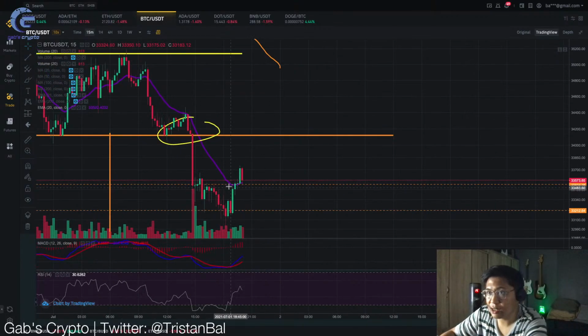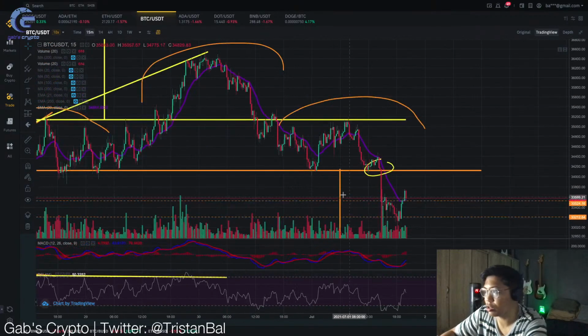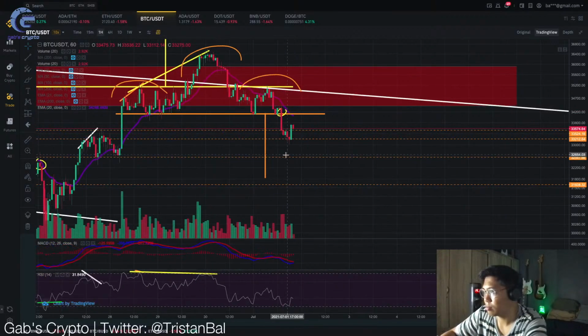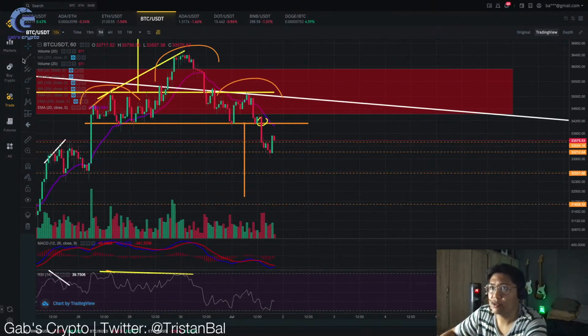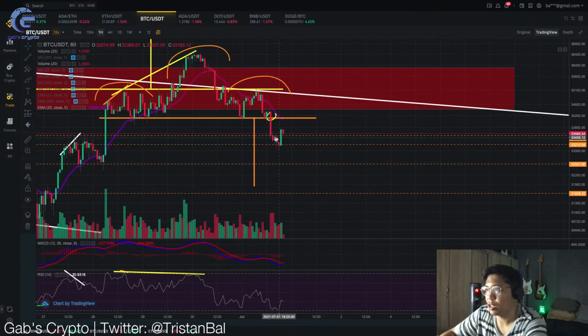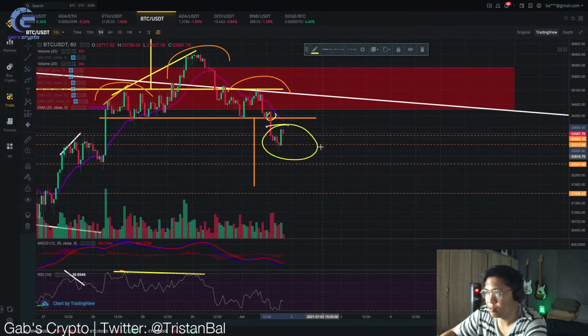So kailangan niyang sustain tong level para mag-flip bullish. Pero if not, this will continue to the downside. So ayan. Since low volume tayo masyado dito, possible na hanggang dito lang possibly yung ating downward trend.